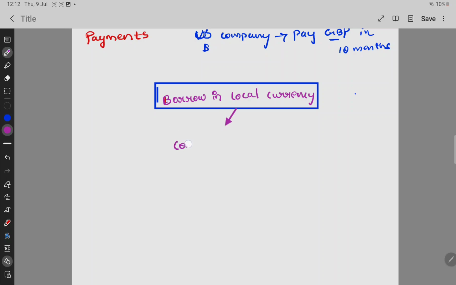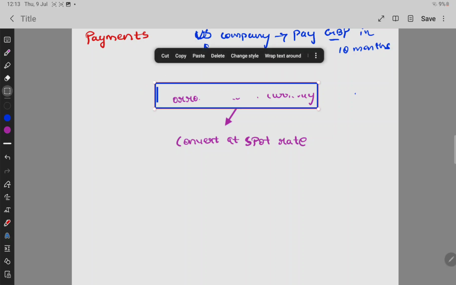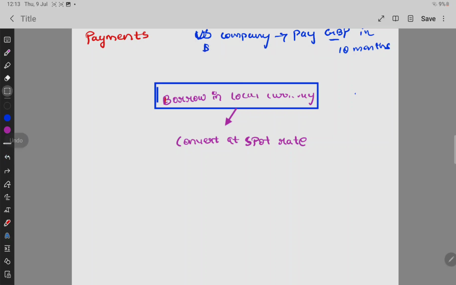Then I will convert this at the spot rate.